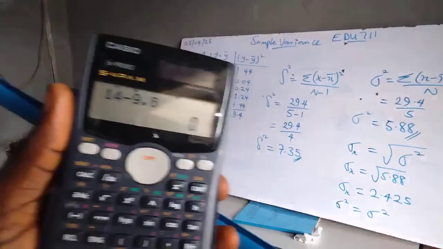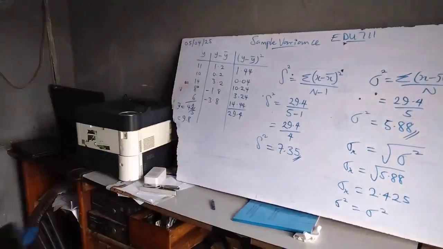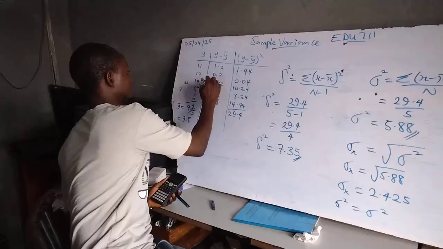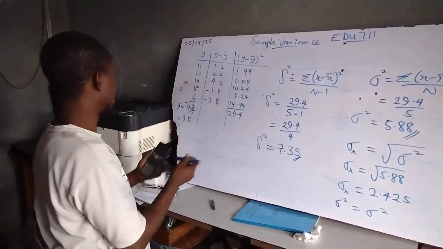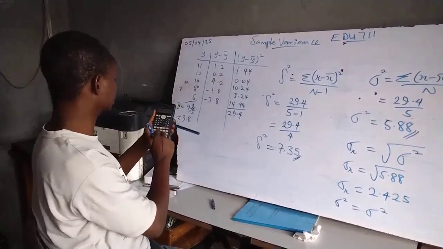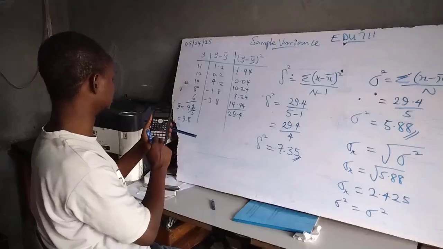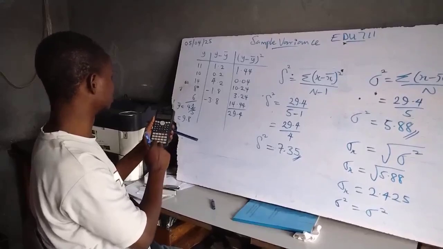14 minus 9.8 is equal to 4.2 instead of 3.2 that we have here. So then we have 8 minus 9.8, that is minus 1.8. 6 minus 9.8 is also minus 3.8.